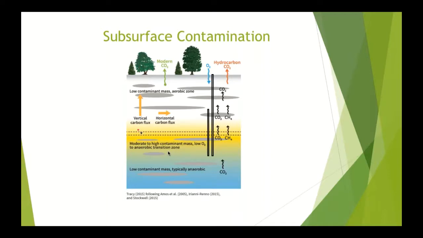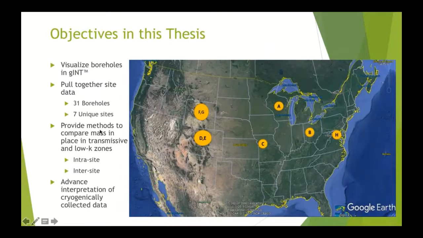In this thesis, we analyze 31 different cryogenically collected boreholes, and these are simple visual examples of what the snapshot would look like. There are four main objectives of this thesis. The first is to visualize current cryogenically collected data in gINT. The second is to compile data from 31 different boreholes across 7 unique sites in the US.